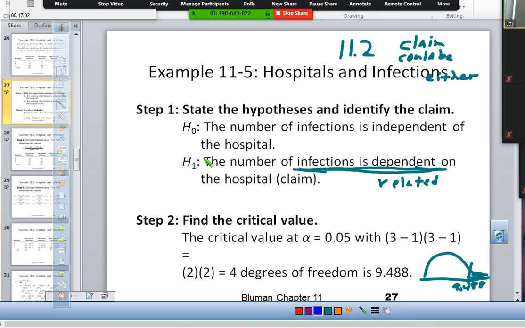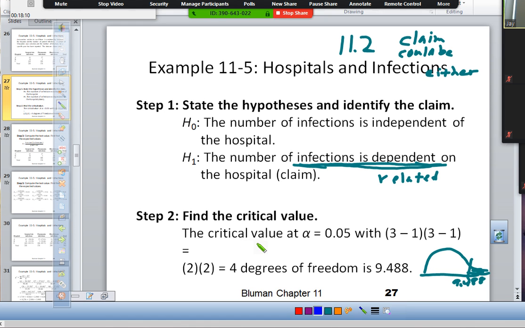In this case, H1 would be your claim. So for the homework, the claim could be either. But for the exam, it's always going to be H naught for me. But just be aware, it might give you something like this on the homework, in which case H1 would be the claim here. But if you just write O sub i equals E sub i at the top, and O sub i is not equal to E sub i right now, that's fine, and you'll get full points on the exam.